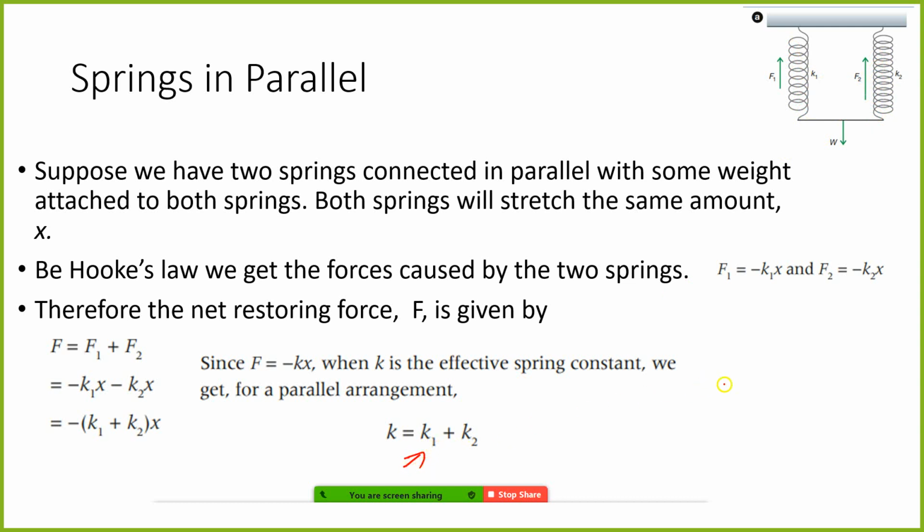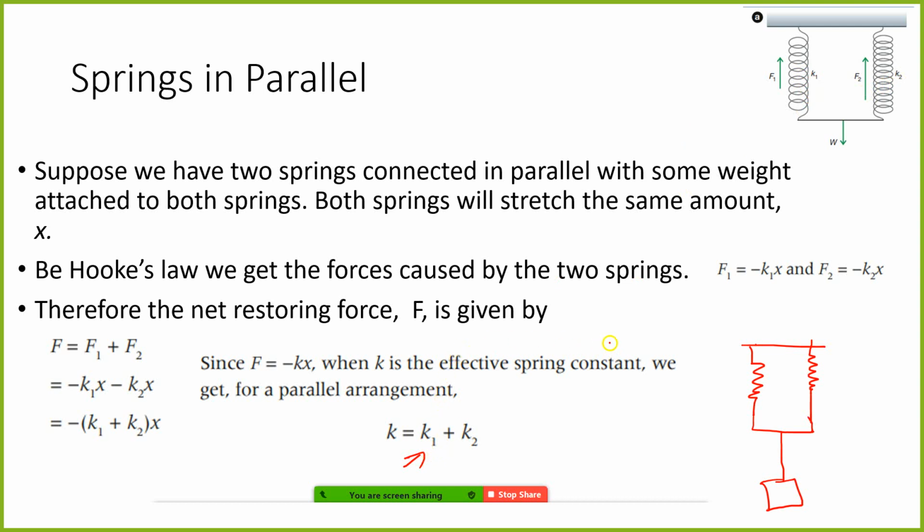So if you see two springs that are connected in parallel, then the effective spring constant is going to be the sum of the individual spring constants. Because spring 1 is going to have a spring constant by itself, spring 2 is going to have a spring constant by itself. Whenever they're in parallel, you just simply add the spring constants.